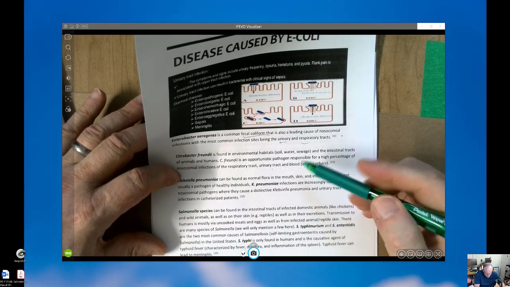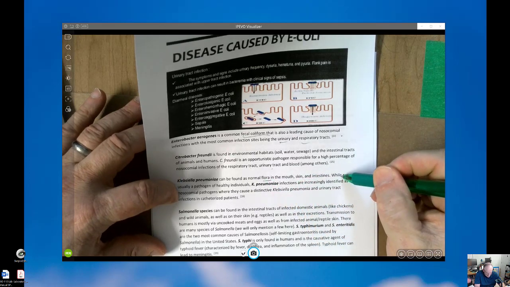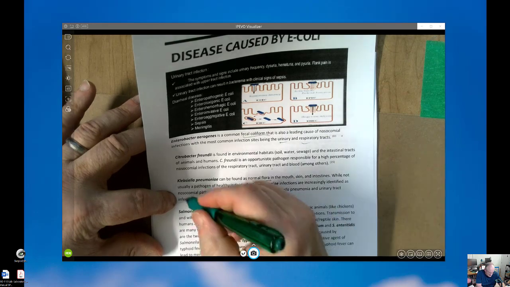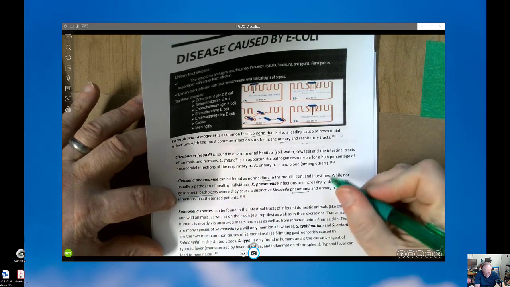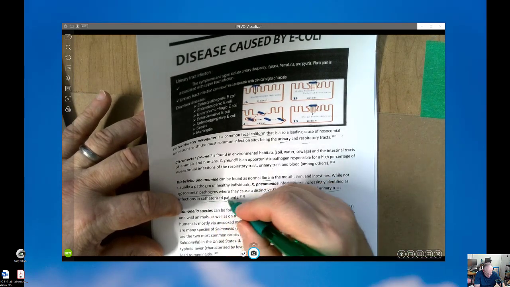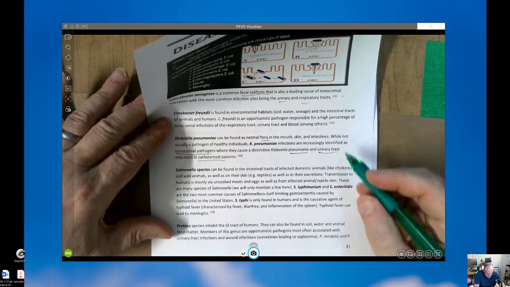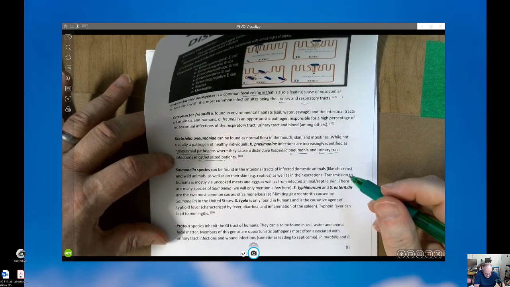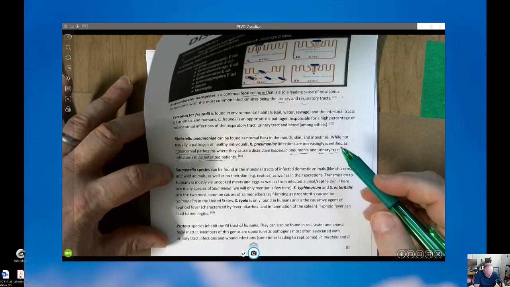Klebsiella pneumoniae is found in the normal flora of the mouth, skin, and intestines. These are nosocomial pathogens, typically causing pneumonia, and also urinary tract infections in folks who are catheterized, and when they get catheterized, sometimes they get contaminated and place organisms where they normally aren't.